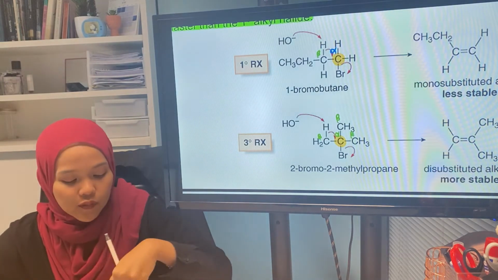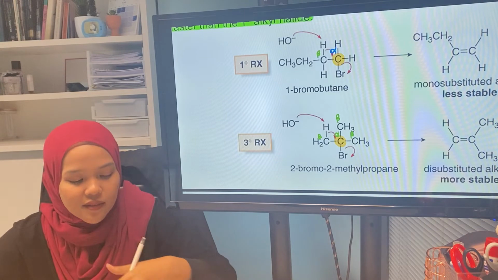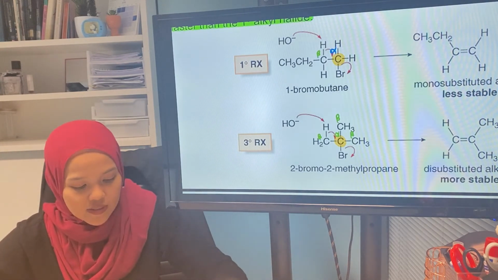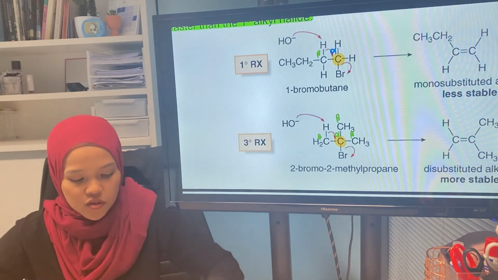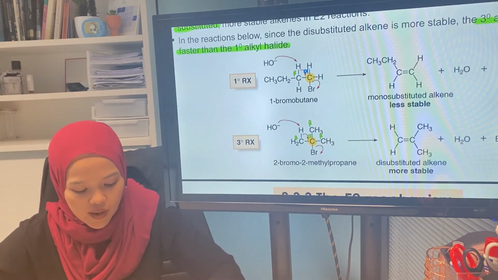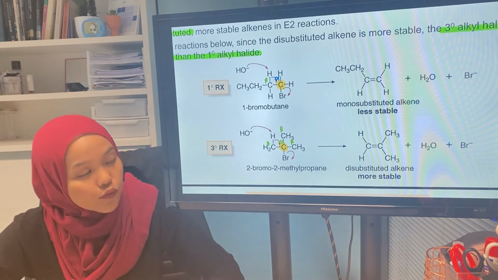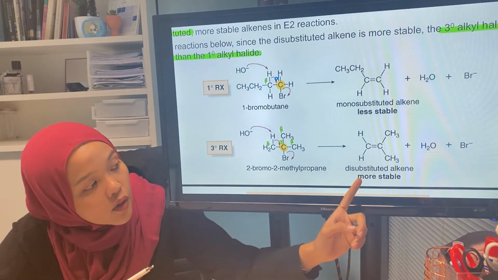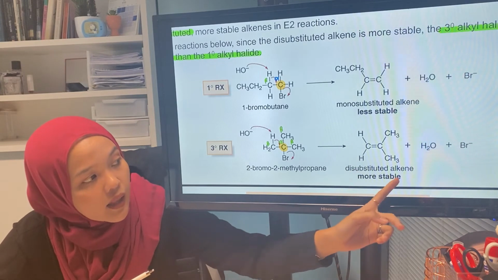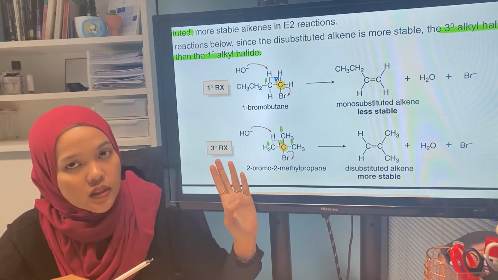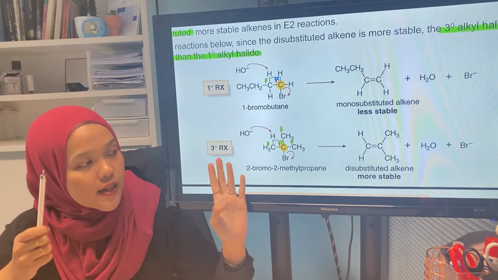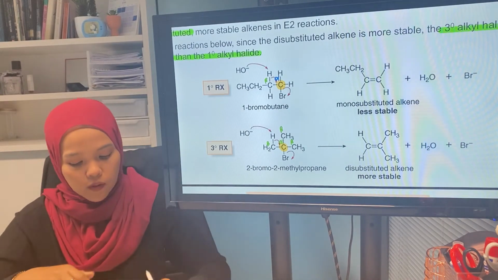You see, you have 3 carbons, so this is a tertiary alkyl halide. So which one is faster, the primary or the tertiary? When you have a tertiary alkyl halide, you are going to form a more stable alkene, so this reaction is going to be more reactive. I hope you pay attention to this. This is going to be important.